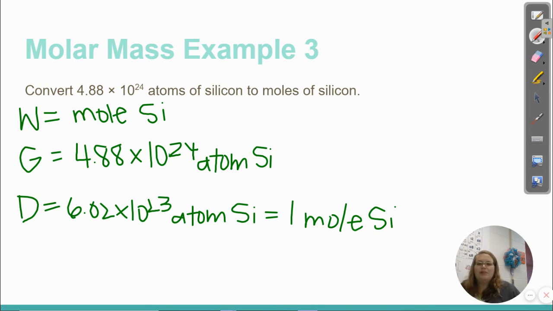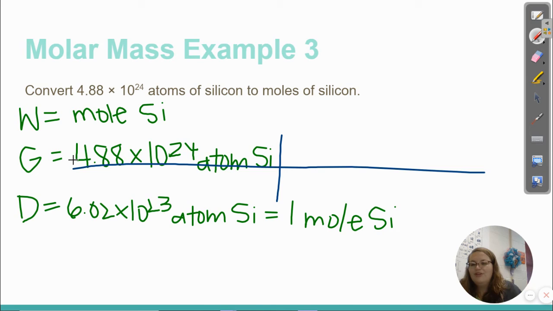And I'm going to run out of room, so I'm going to have to erase all this and actually solve. Or I can actually just do it. Here we go. I'm going to cheat a little bit here. So I'm going to convert now. There we go. So that's my given. So atoms of silicon's on top, so we're going to do atoms of silicon on bottom.